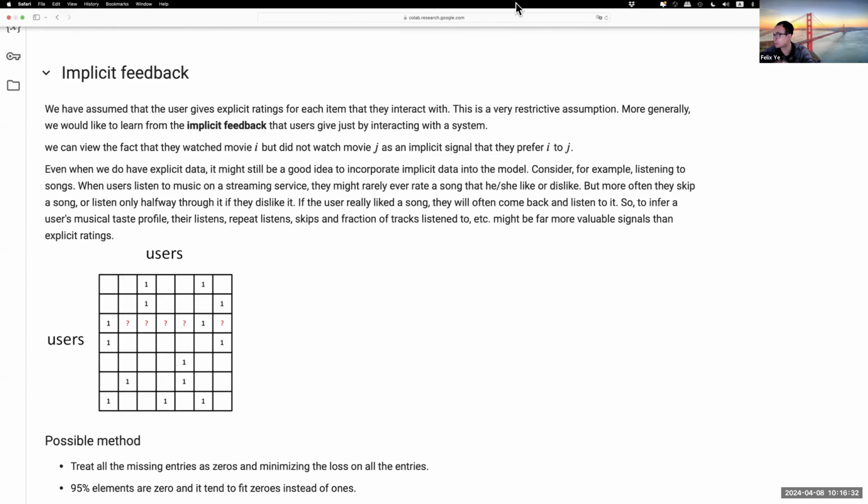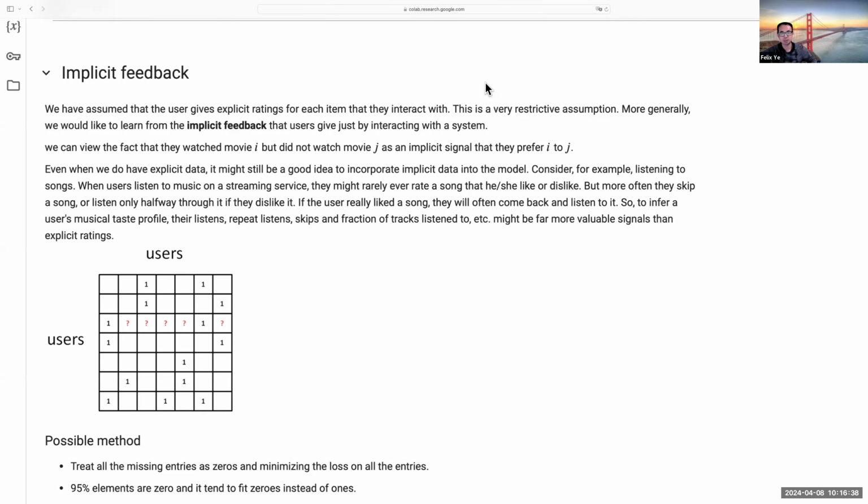Implicit feedback is also a very important part. In explicit feedback, we assume the user will give ratings for each item they have interacted with. But this is a very restrictive assumption.